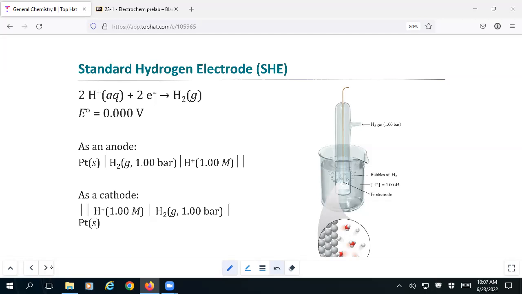So again, if we're dealing with standard conditions, we're talking about a 1 bar pressure, 1 molar solution, and that's how it would look for the standard hydrogen electrode. So if it is acting as the anode, this is what that half of the cell diagram would look like. If it's acting as a cathode, this is what that half of the cell diagram would look like.